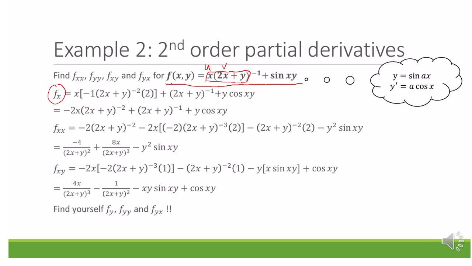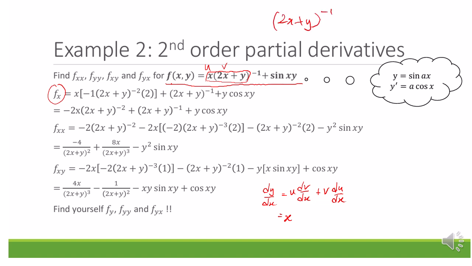Let's put this as dy/dx. So we have u dv/dx plus v du/dx. What is u? We can write x, and dv/dx will be the derivative of (2x + y) to the power of -1.